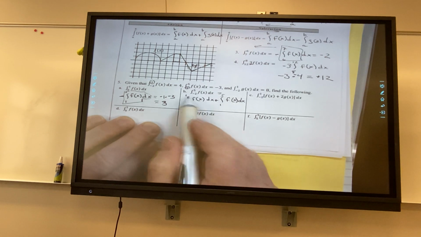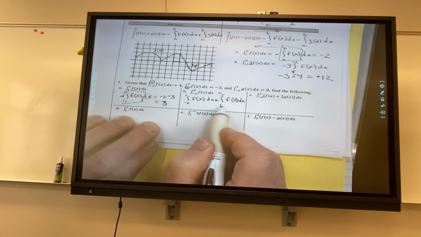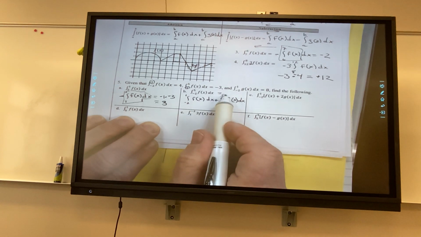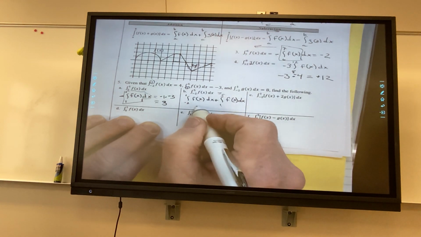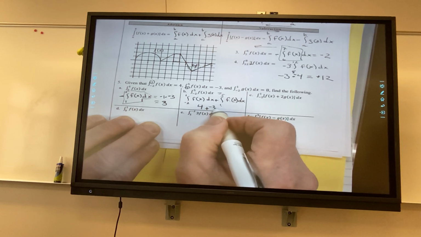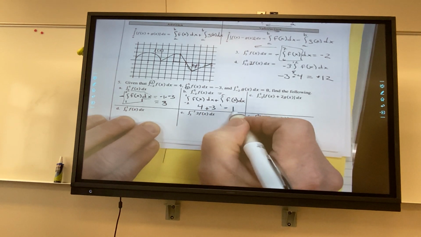Because this b is the a over here. And when I attach them, I'm going from -2 to 5. So what do you want me to put here? 4. And what do you want me to put here? -3. And I get 1. Perfect.